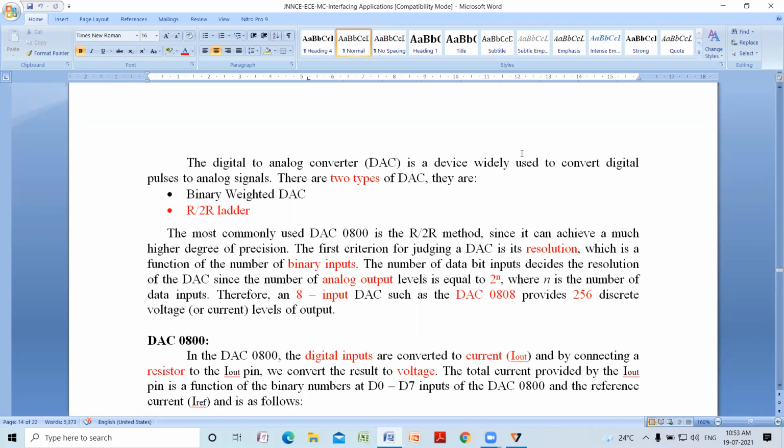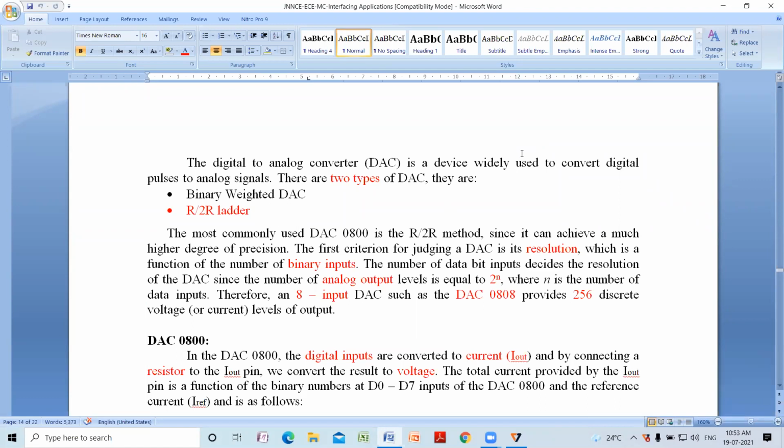What do you mean by precision? The first criteria to decide the precision is resolution. What is resolution? Resolution is the function of number of digital inputs you can give. How many bits of binary inputs can you give?